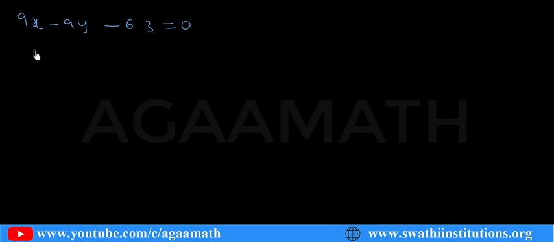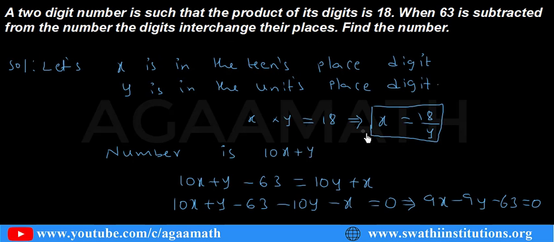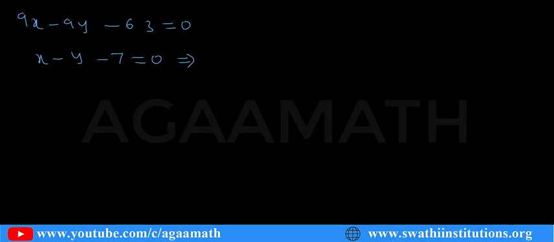So 9x by 9 gives x, and we get x minus y minus 7 equals 0. We already know x equals 18 by y, so substituting, 18 by y minus y minus 7 equals 0.